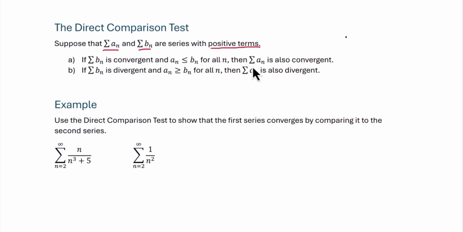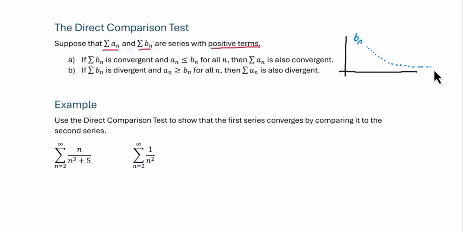Let's get a quick visual just to see what's happening there. Again, b sub n is the one we know a little bit about. So let's say b sub n we know is going to be convergent. So it looks something like this. We know it's bounded by the x-axis because it's got to be positive terms. So b sub n is up here and it's converging.